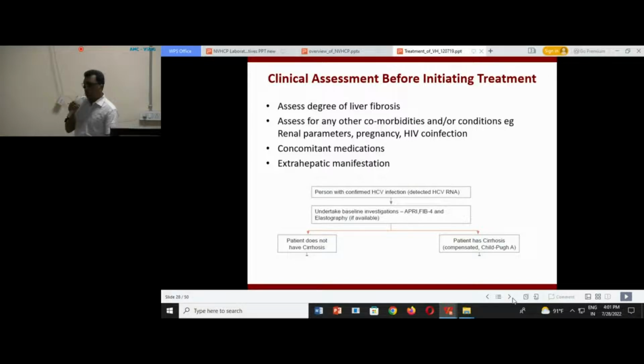And any concomitant medications, especially anti-epileptics, simple PPIs also, when we give antivirals, we should be very careful in dosing the patient, right? And the presence of extrahepatic manifestations. Some people have kidney disease also with hepatitis B and C. So we have to see all these parameters and then only we start the treatment.